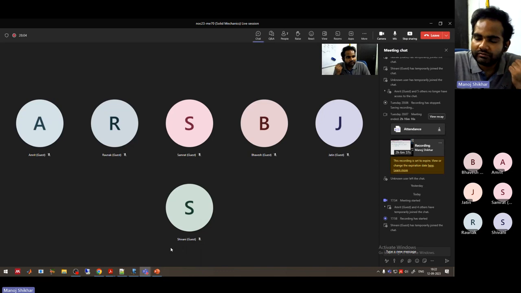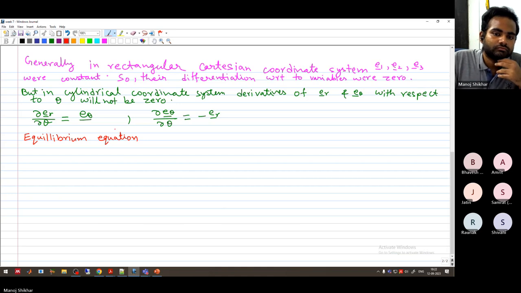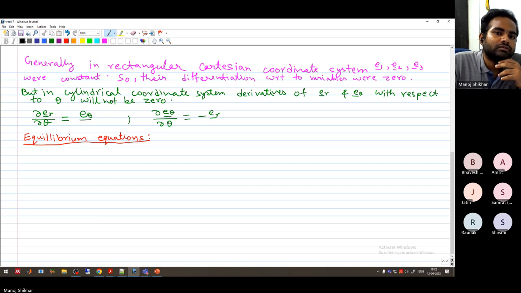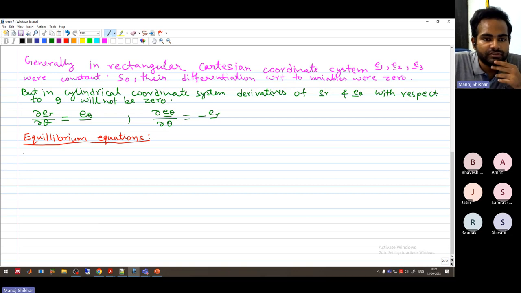If you are not able to hear me or not able to see the screen, you can write in the chat. So we have three different directions, R, theta, and Z, and we have three different equations.